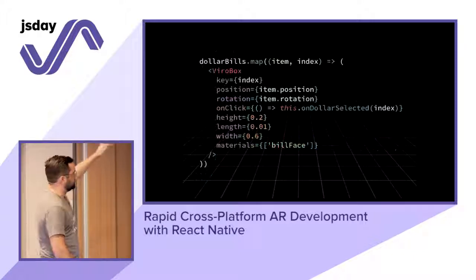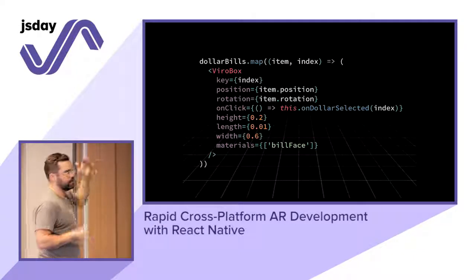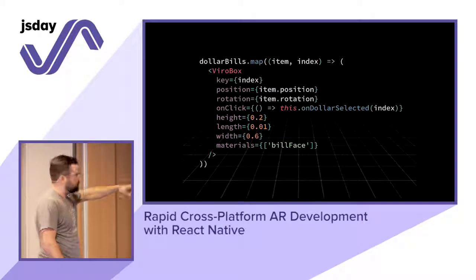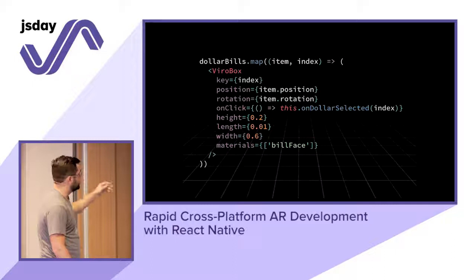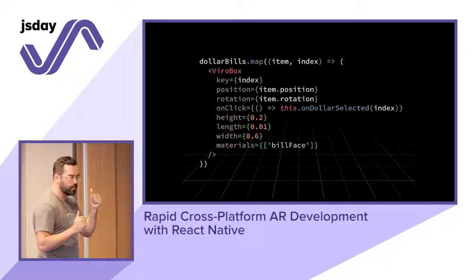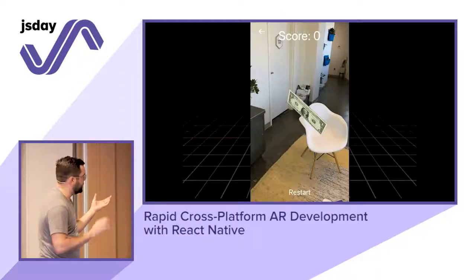Again, we're able to map over that state and create a box, using the random position and rotation that was generated, and then we give it a height and width, and a material, which is just a dollar bill that we're wrapping it in. And then onClick, I have a method called onDollarSelected, which removes it from state, bumps up the score by 1 in state, and removes it from the screen. So now, here's that example.